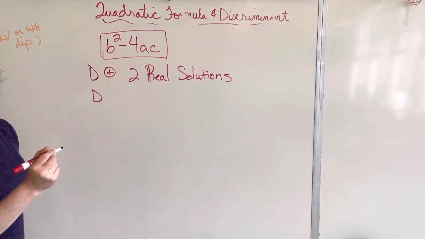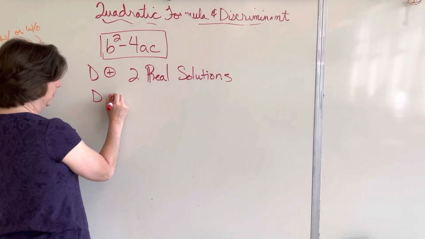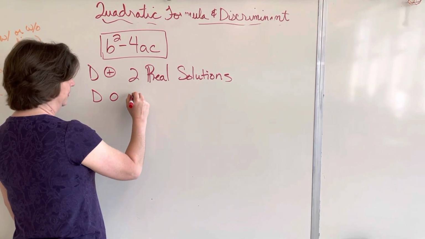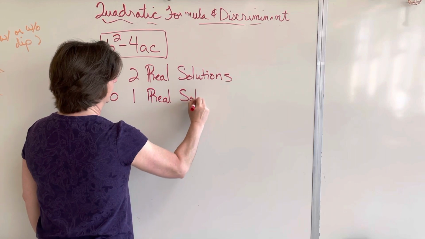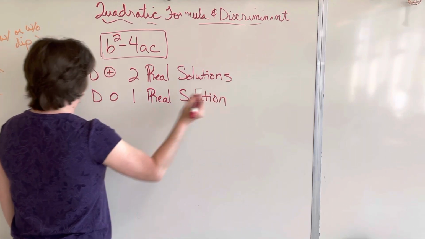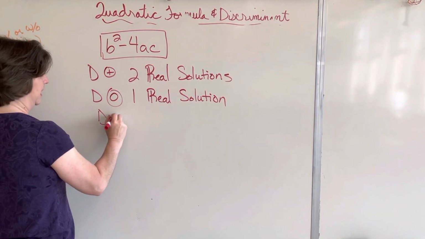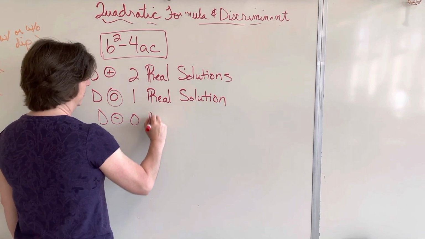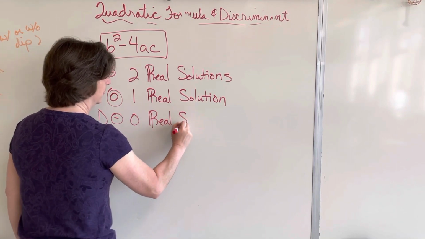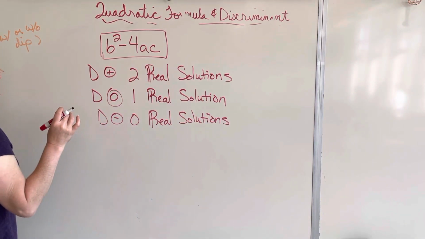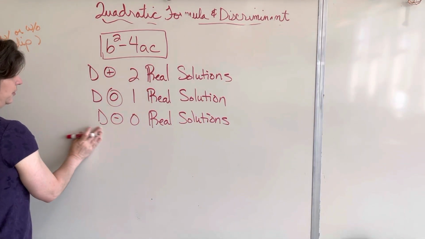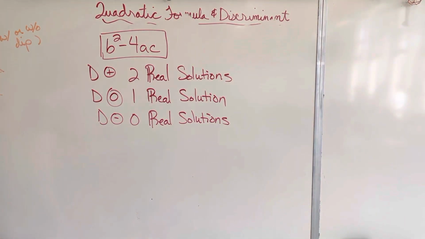If your discriminant is 0 under the square root, you're going to have one real solution. And if your discriminant is negative, you're going to have 0 real solutions. Why? Because the square root of a negative number does not exist, so we will have 0 real solutions.